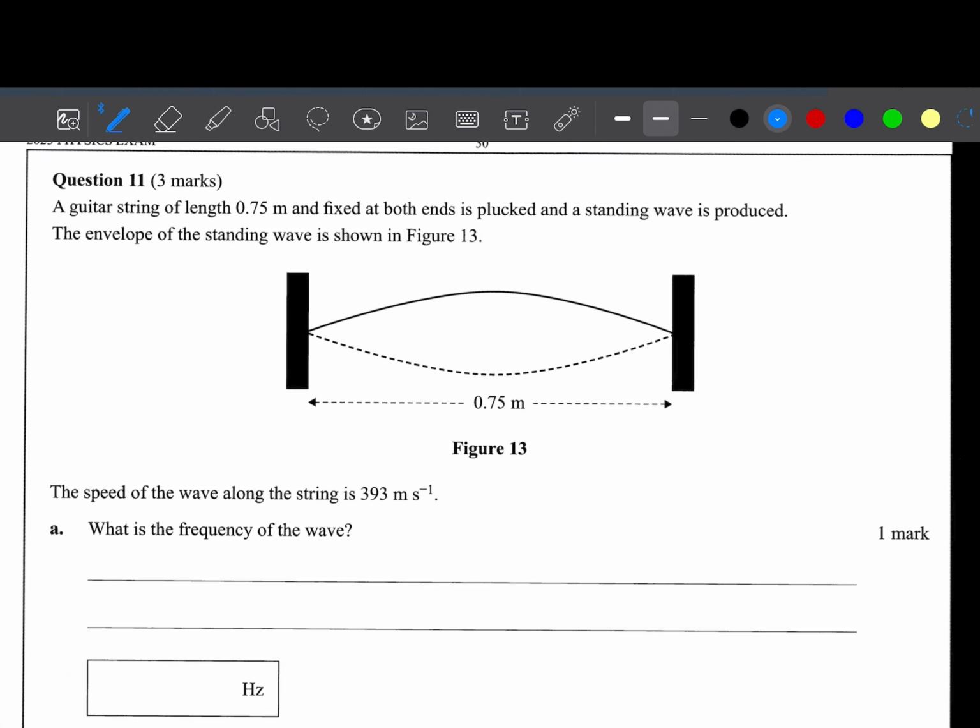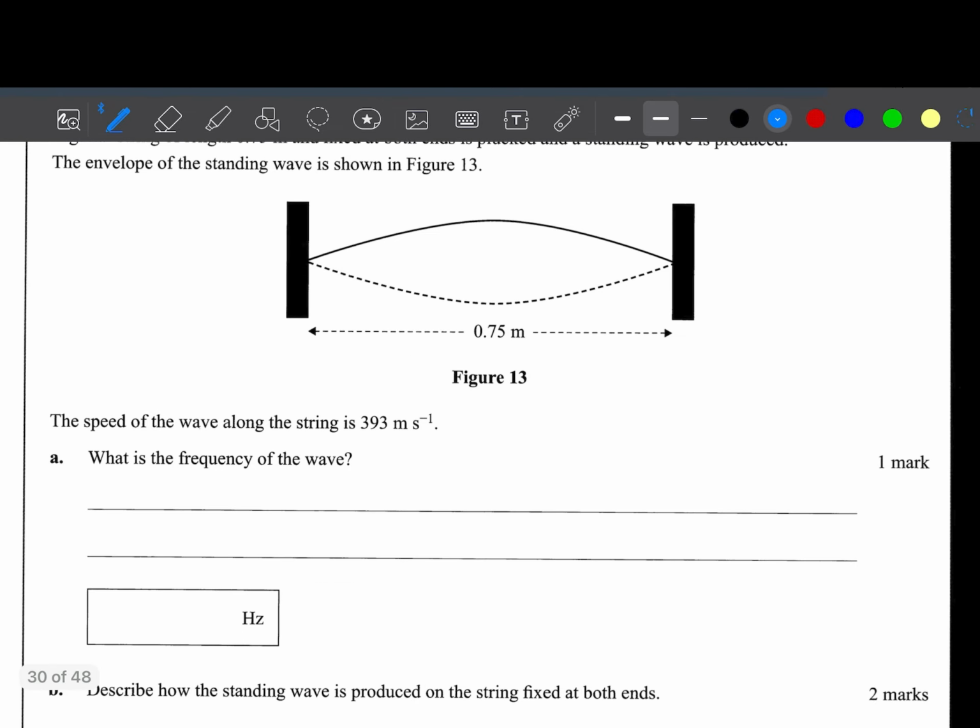Okay, a guitar string of length 0.75 and fixed at both ends is plucked and standing wave is produced. The envelope of standing wave is shown in figure 13. Okay. So what is the frequency of the wave? So frequency equals to v on lambda.